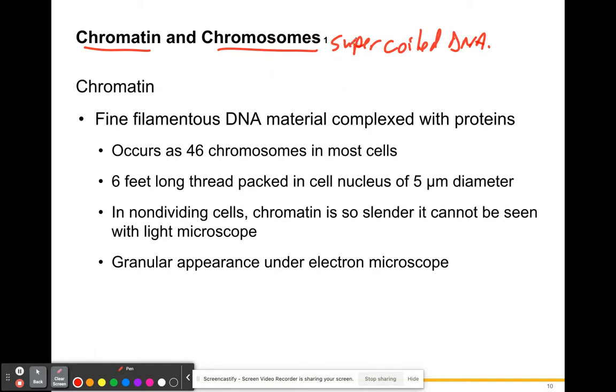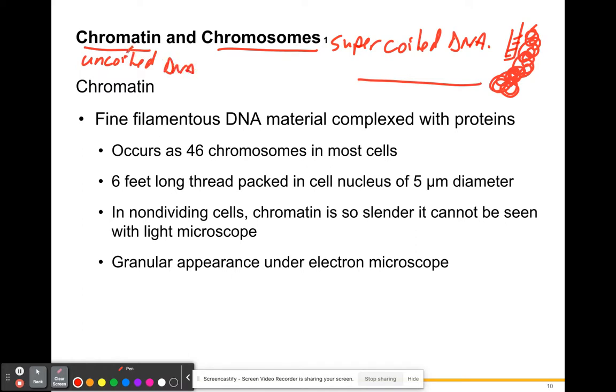A chromosome is nothing more than DNA that's been twisted and twisted until it forms this small twisted clump instead of this long, big, straight piece. Chromatin is the same exact thing. However, it's uncoiled DNA.